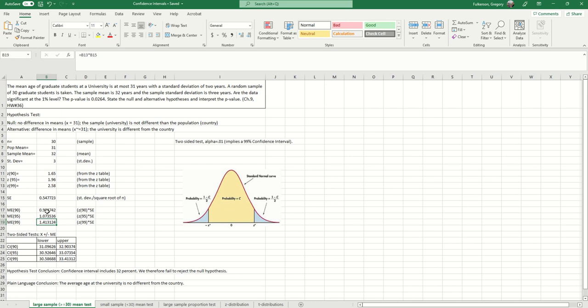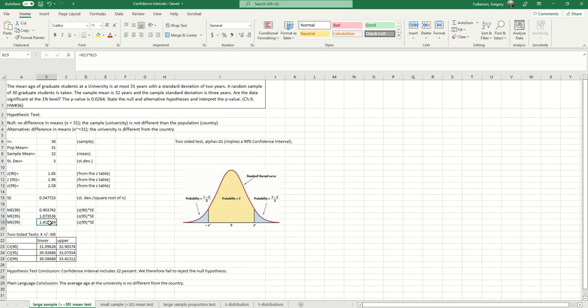The smaller the margin of error, the less confident we become that the confidence interval contains the actual population value, in this case 31. So this is what it looks like when we construct the confidence interval based on these margins of error. Okay, so we have a confidence interval for a 90% level, 95% level, and a 99% level.